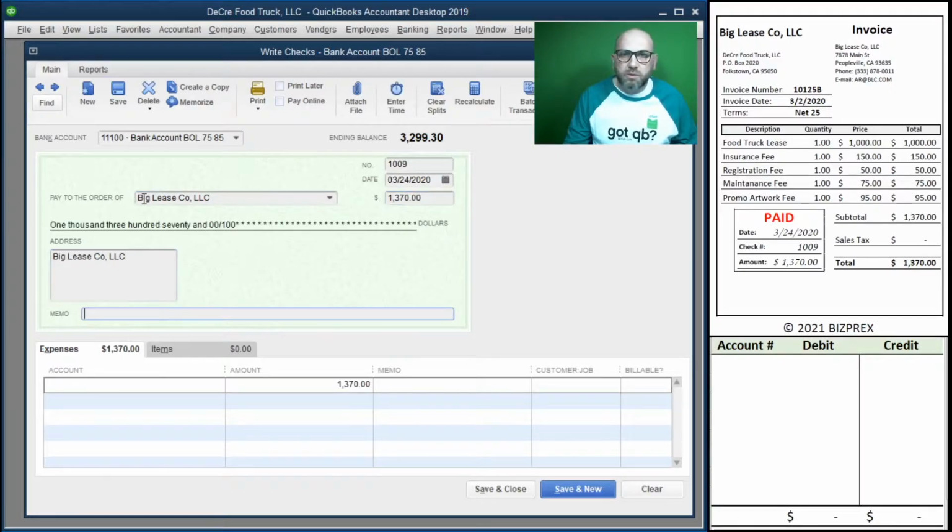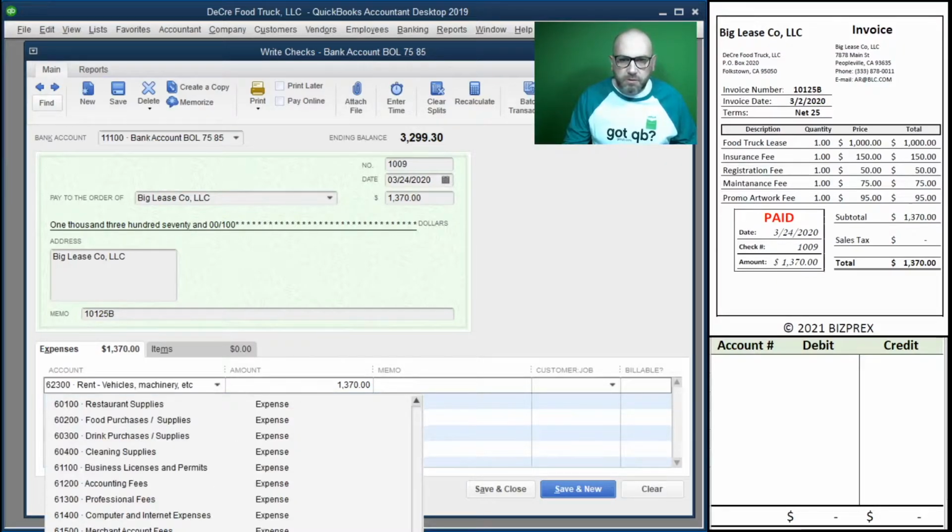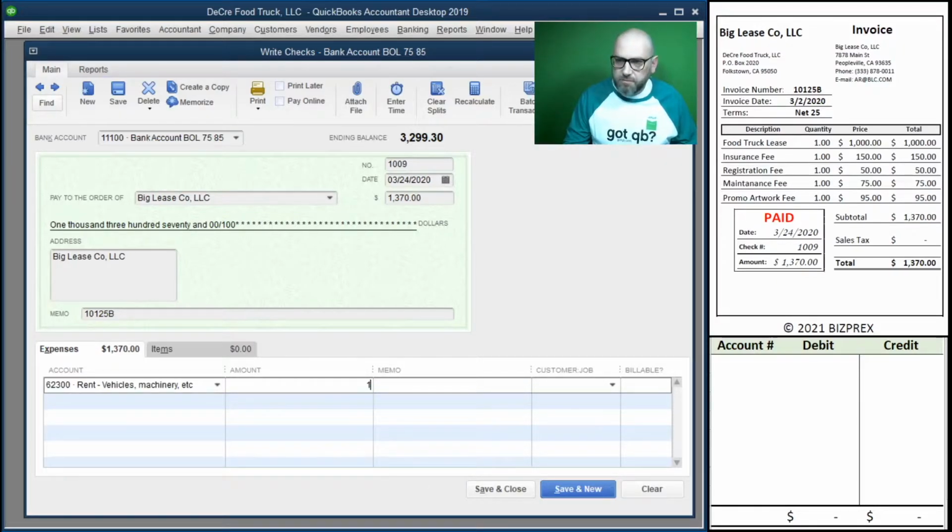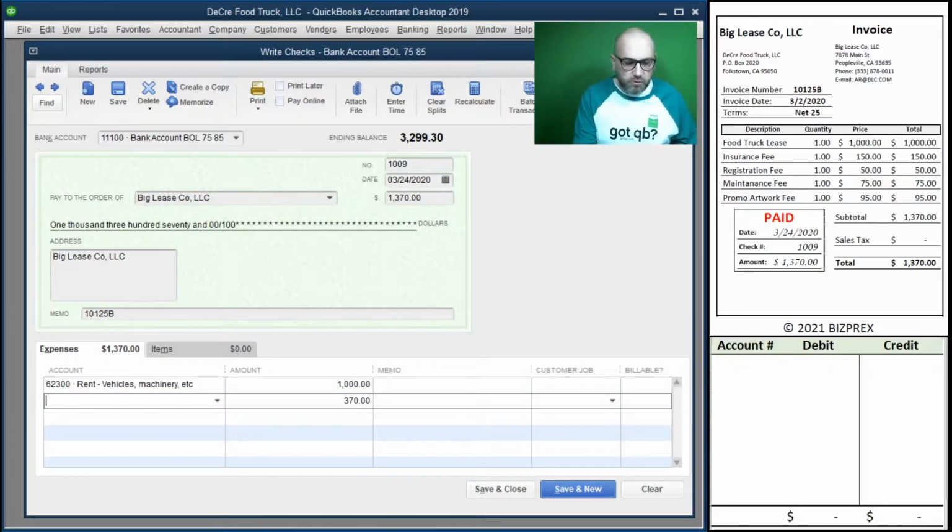Okay, so in this case, again, we have one of those invoices that hits more than just one expense account. So let's make sure we get through this. So let's see, that's our rent right here. And then we have insurance.